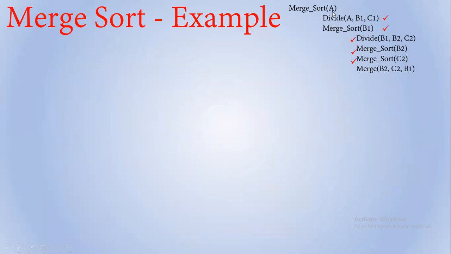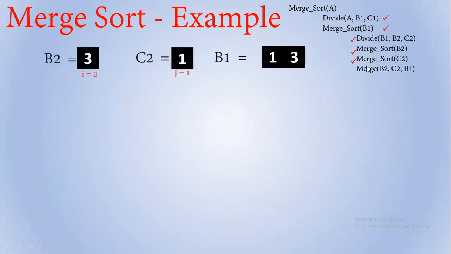Okay, so by this time, we have completed merge sort A's divide operation, merge sort B1, and these three, right? So at the final step, as I told you, this one is over.